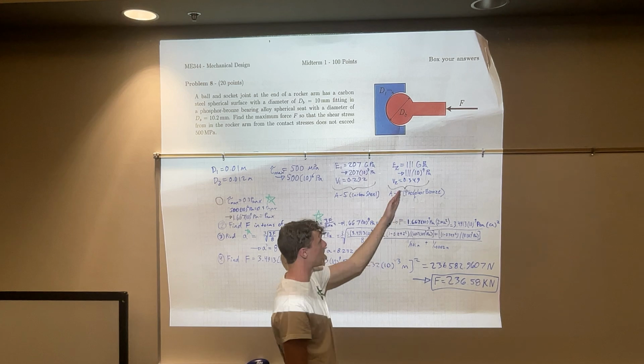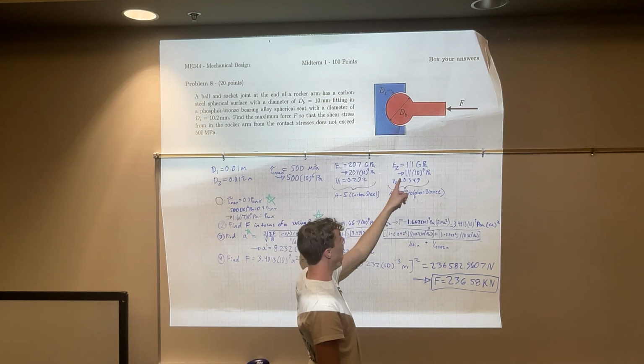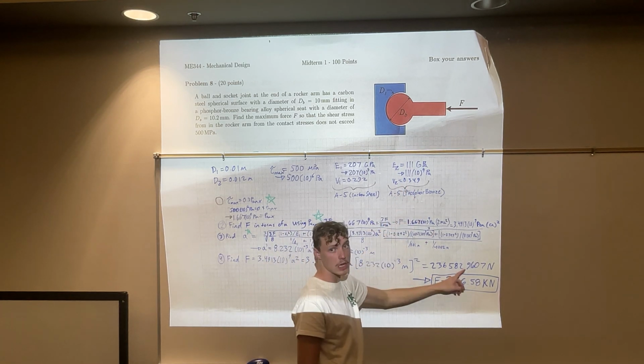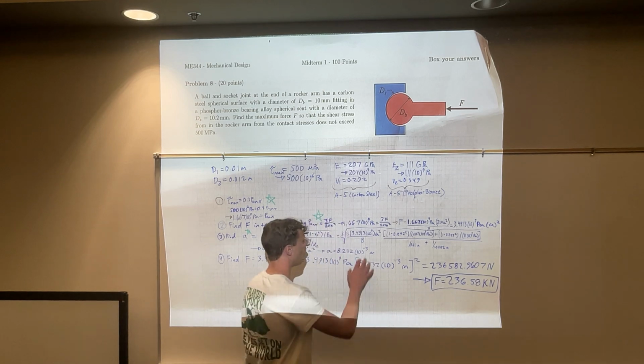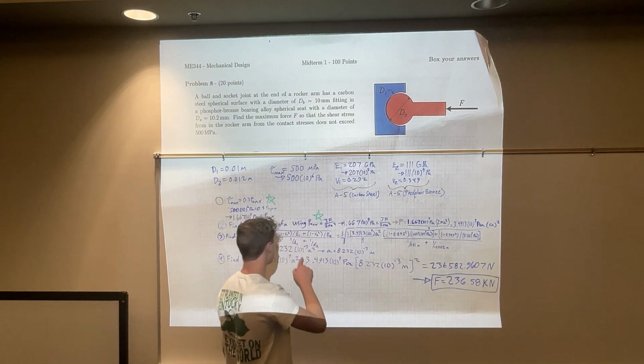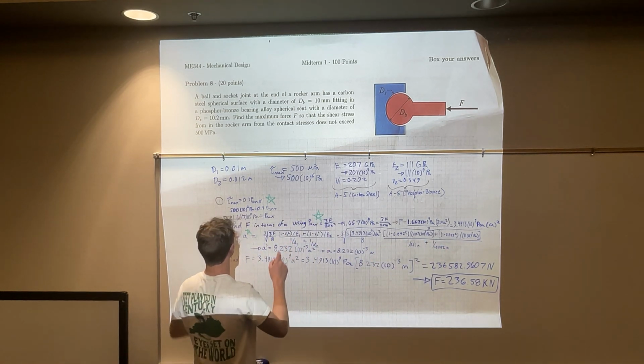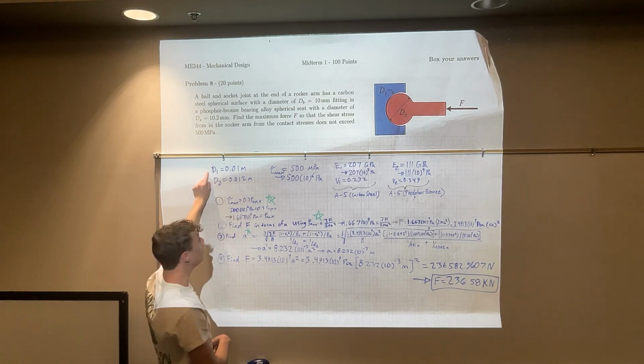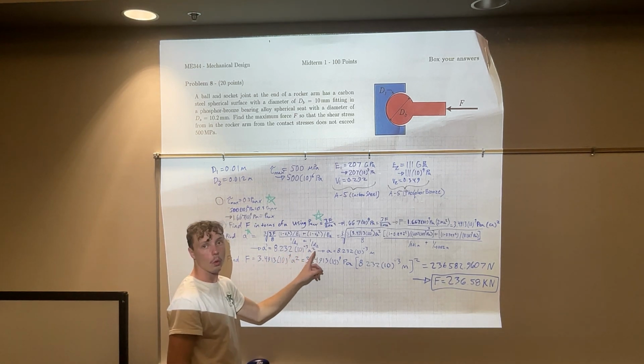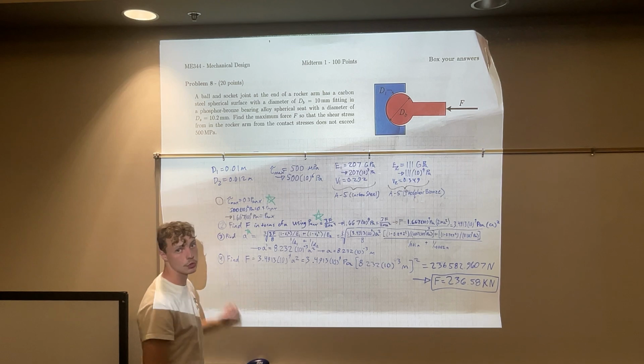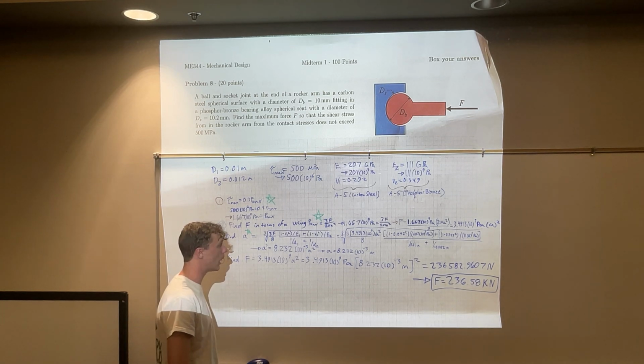Divide that by the elastic modulus, which is 111 times 10 to the 9th pascals. We're going to divide all of that by 1 over the first diameter, which is 0.01 meters, plus 1 divided by D2, 0.012 meters, okay?